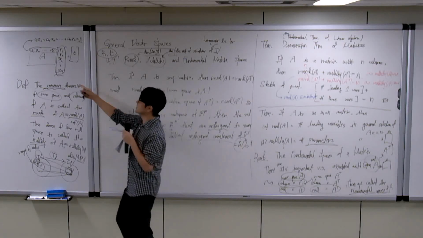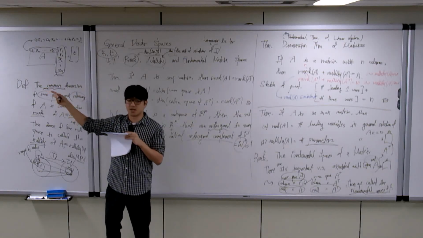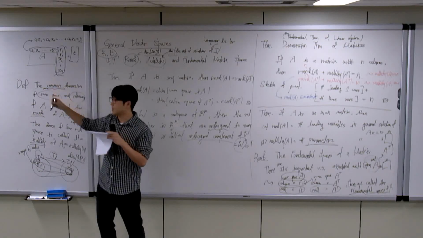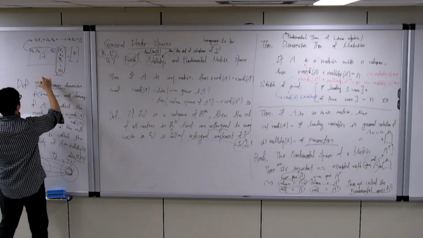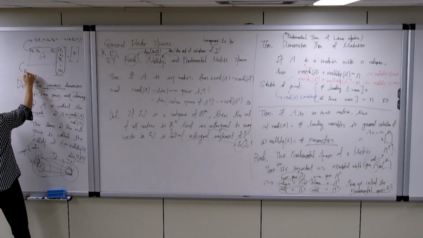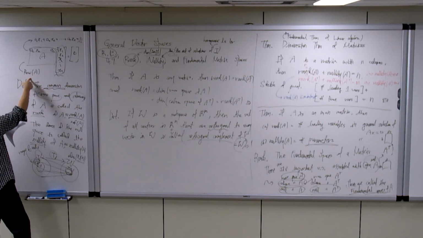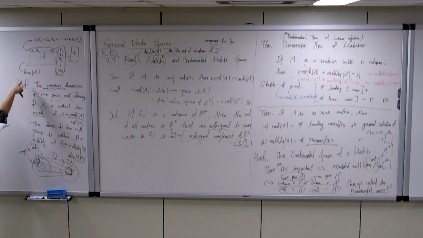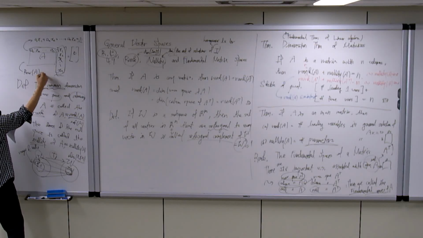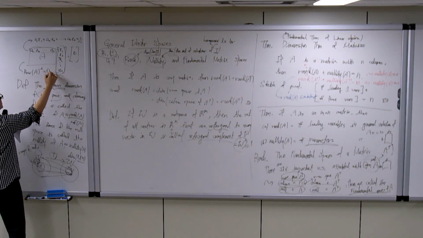The solution set will be the orthogonal elements of the row space. Row A is defined as the row space of A, and its orthogonal space is actually the same as the null space of A.